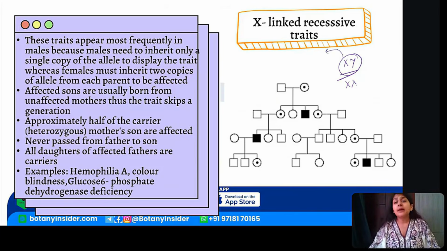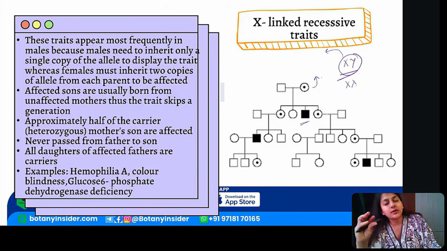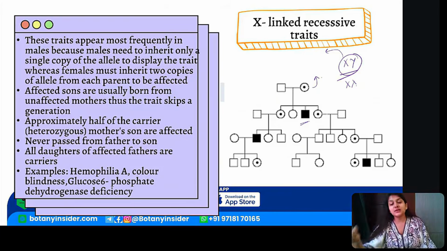So, if my previous generation female is a carrier, that is having one of the alleles being recessive in nature, no matter what, in the next generation, as many males are there, all of them will be impacted. Why? Because the male has actually inherited the recessive one and will be showcasing the trait.